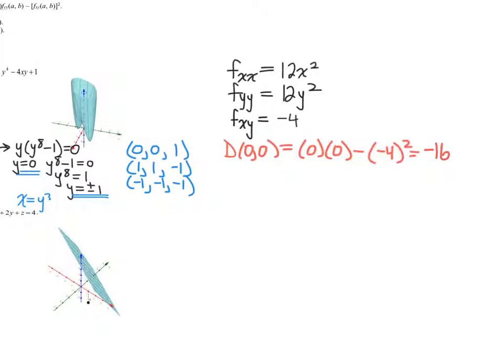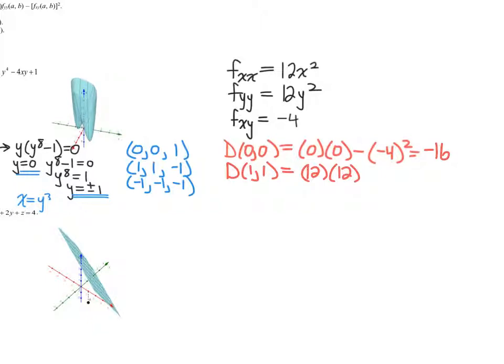All right, so then I'll do the same thing for 1, 1. And then we'll do the compare and contrast all in one shot. So 12 times 12. And it's going to be the same deal because the second order partial with respect to y, the mixed partial, is still -4. It's constant.